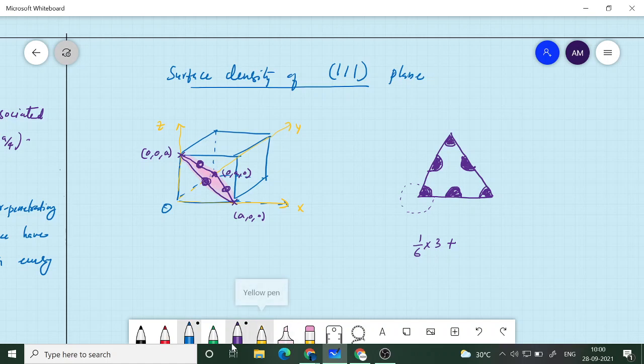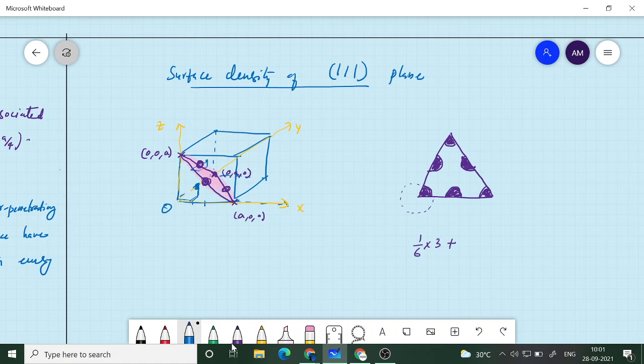If you clearly look at it, for the first FCC, if you have A by 4, this is A by 2. If you do A by 4, A by 4, A by 4, it will only come somewhere here, so that will not come into this plane. And from the left surface, if you do A by 4, A by 4, A by 4, it will be going above this.